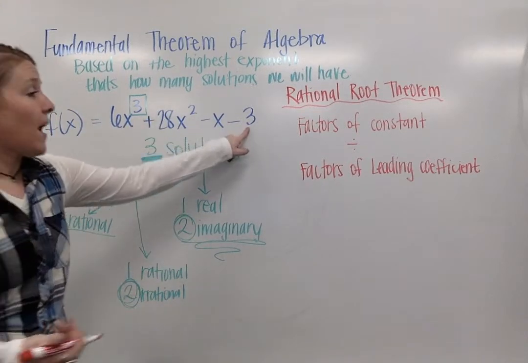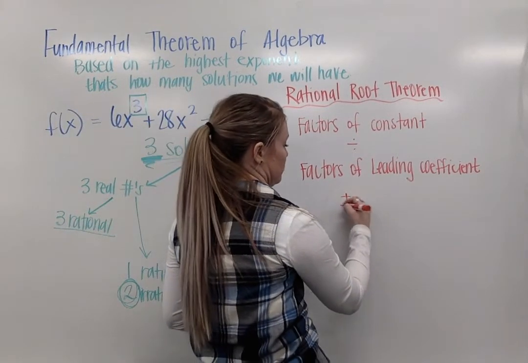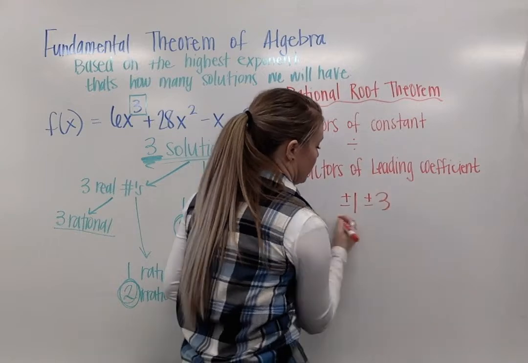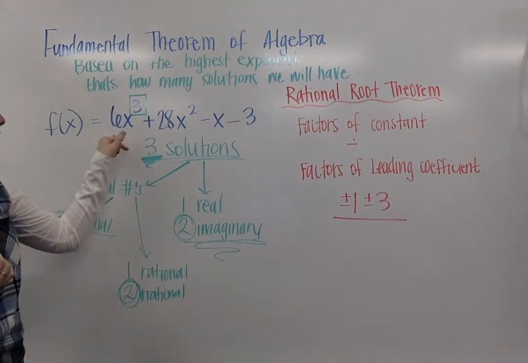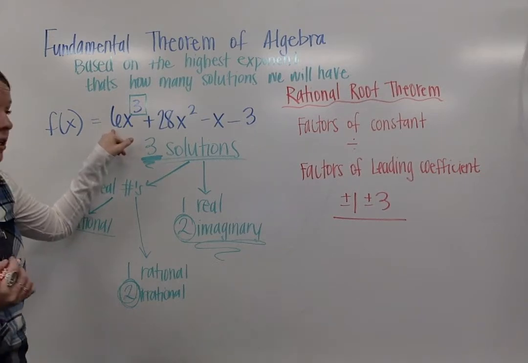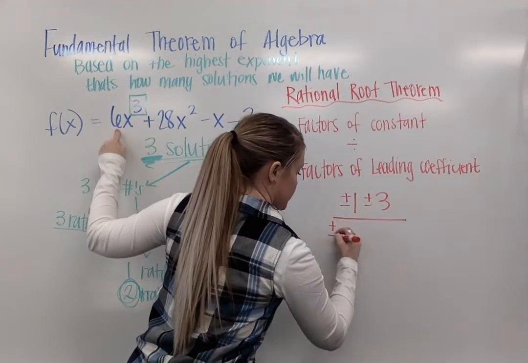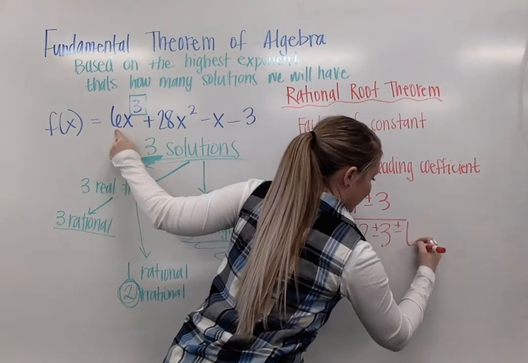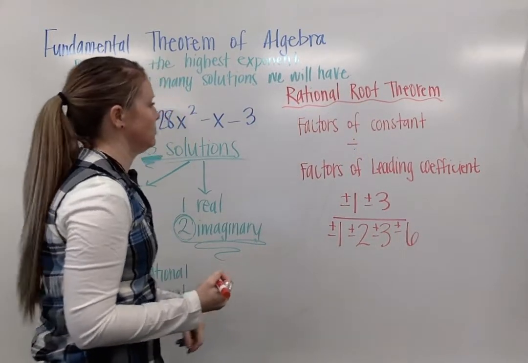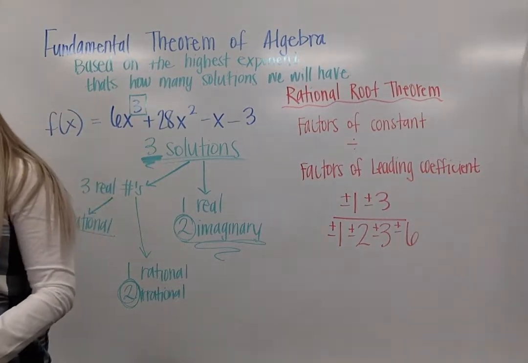Okay, so right now we're just building that list to help us guess. So I'm going to take the factors of the constant, which is 1 and 3. I am going to divide that by the factors of my leading coefficient. So the factors of 6 are 1, 2, 3, and 6. Okay?